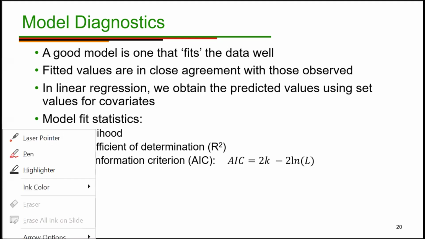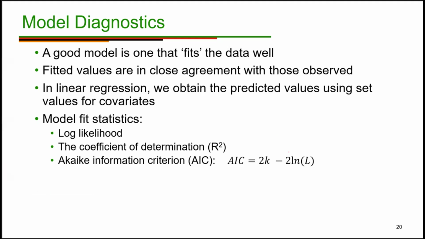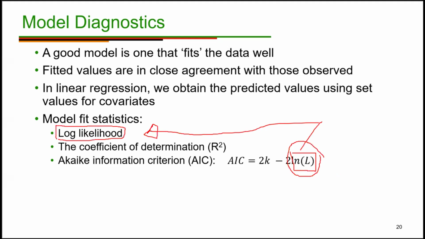Let me see if I can try and illustrate this. Your log L value is basically your log likelihood value. What your model does is that it gets the log likelihood value of the model, which, as we explained, is the joint probability of fitting the best fit line for your data. By default, this best fit line should not be influenced by other parameters, but oftentimes there are more parameters that we add.